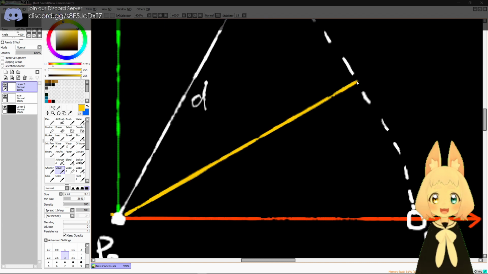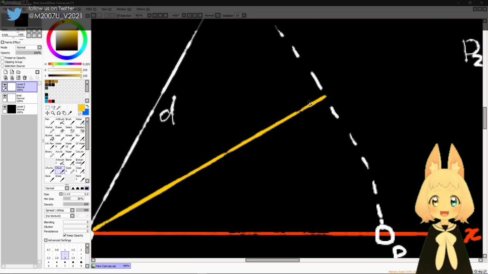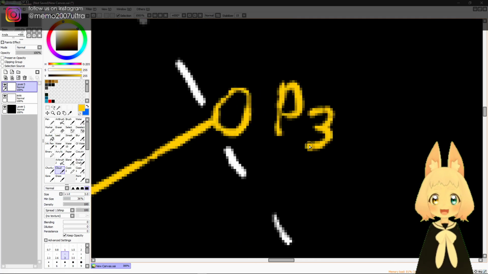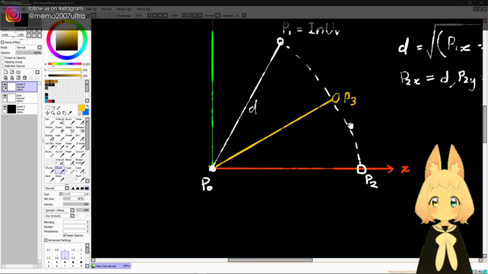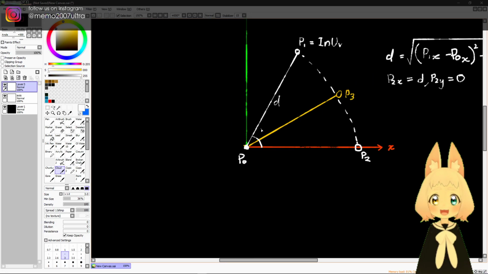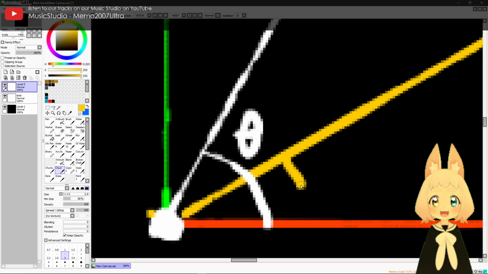Then everything should work fine when it comes to the other quadrants. So P3. There we go. And then back to yellow.